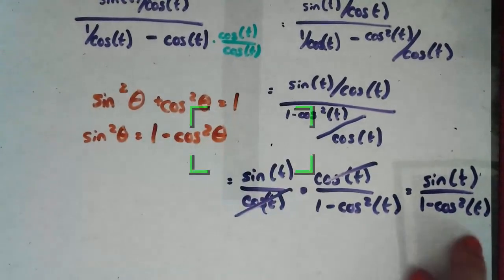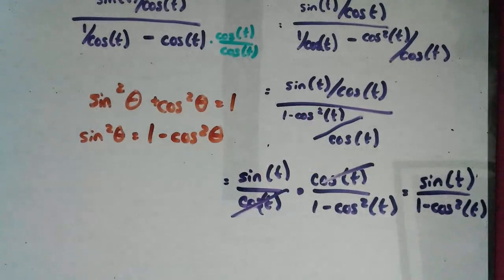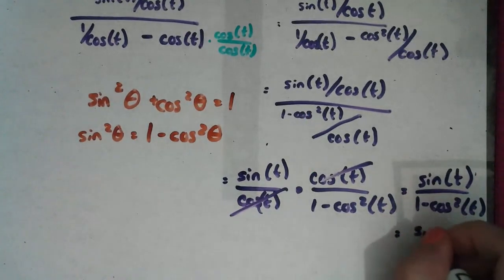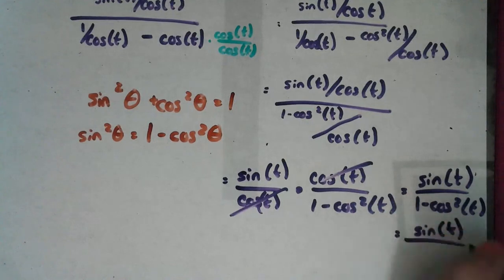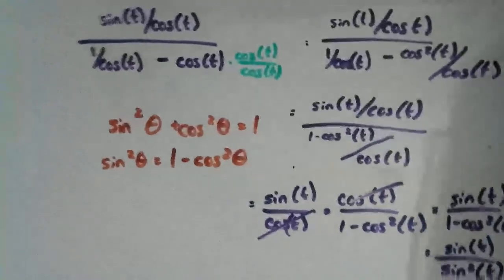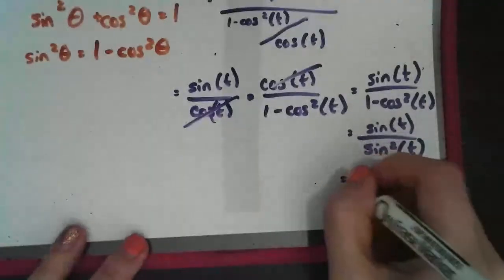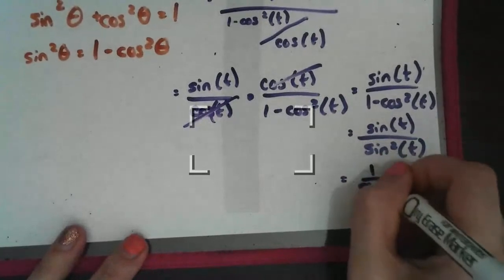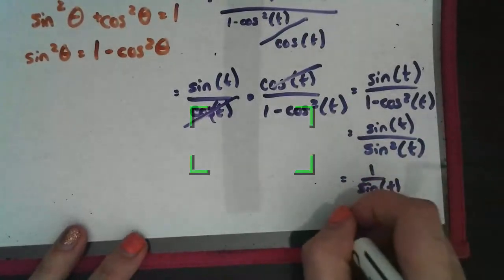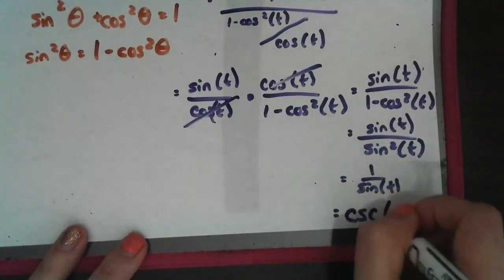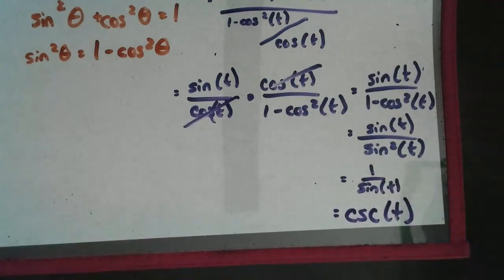This denominator is sine squared. So this is the sine of t over sine squared of t. One factor of sine cancels out, so I'm left with 1 over the sine of t, which is the reciprocal of sine, which is cosecant of t.